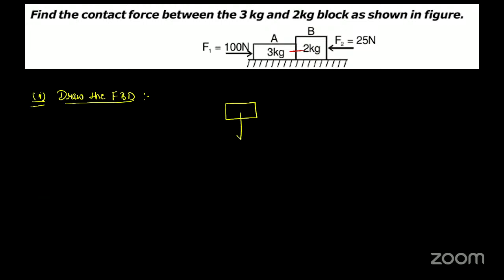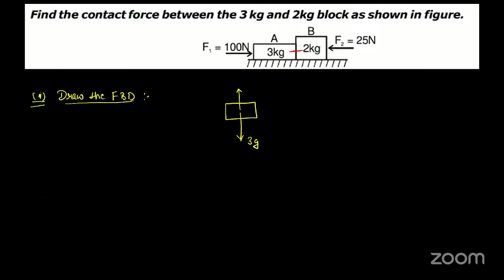First of all, we know the weight force acts in the downward direction, which is 3 into g, because the weight force is equal to mg and the mass given here is 3. So the weight force acting downward is 3g.